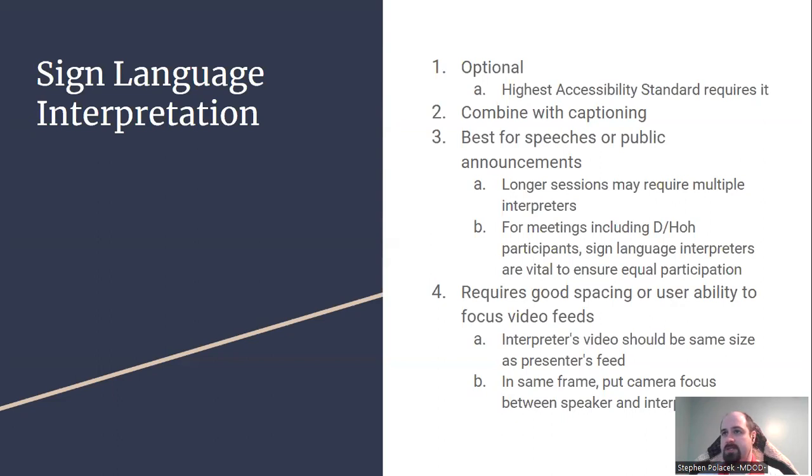If instead it's something like a live presentation or press release, that's where you need to have the camera focus having equal spacing in the frame for the speaker and the interpreter. So rather than focus solely on the speaker, you need to make sure that you're giving the interpreter enough space that no part of their message is cut out, but then also that you're keeping the speaker on frame because they're the subject matter expert or the person doing the announcement.